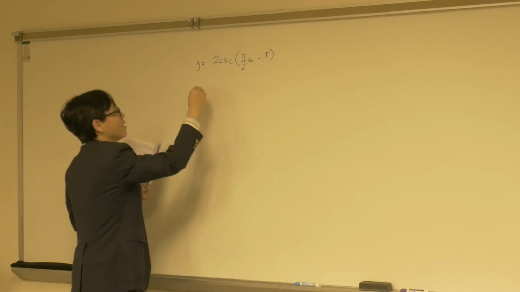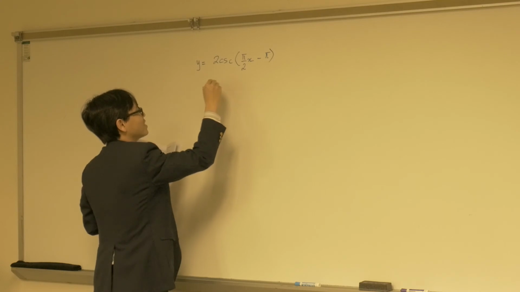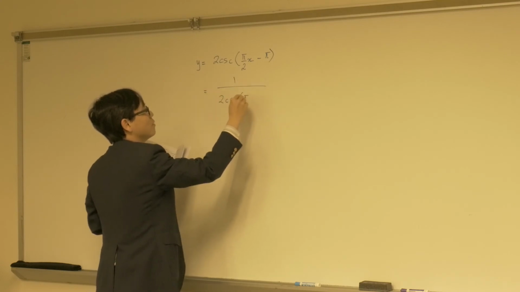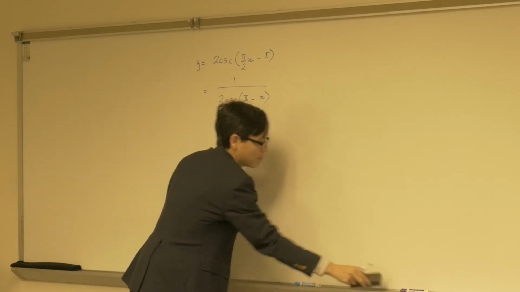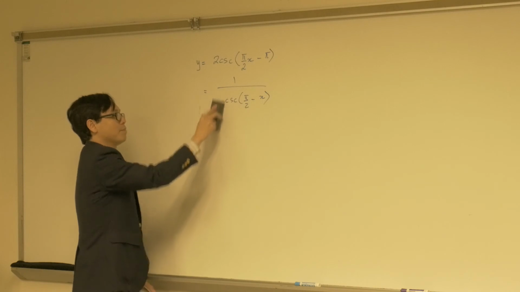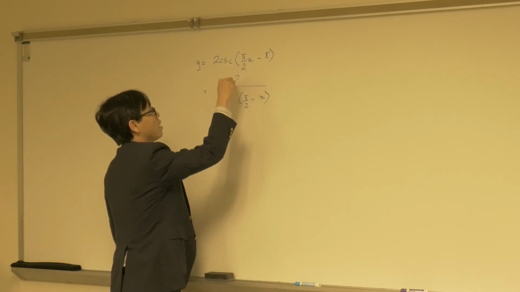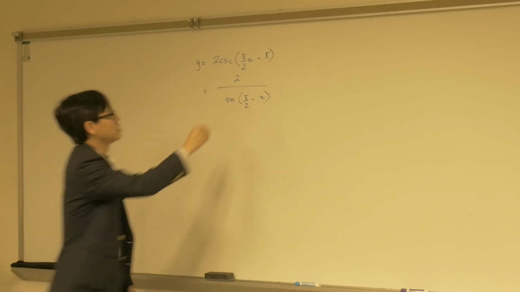I remember that I flipped the number 2, which is not good. I did 1 over 2 cosecant of pi over 2 x minus pi. We cannot change the magnitude, the amplitude. The amplitude is still on the top.